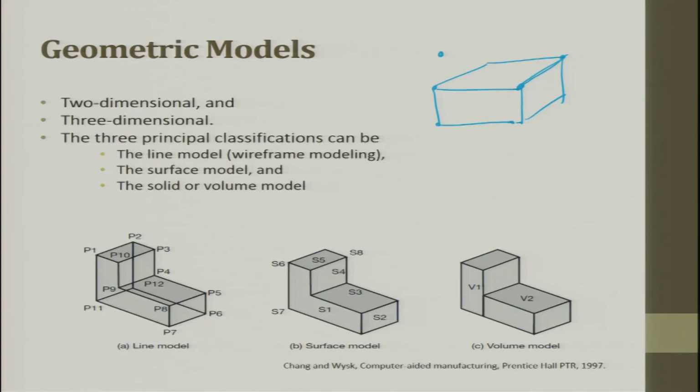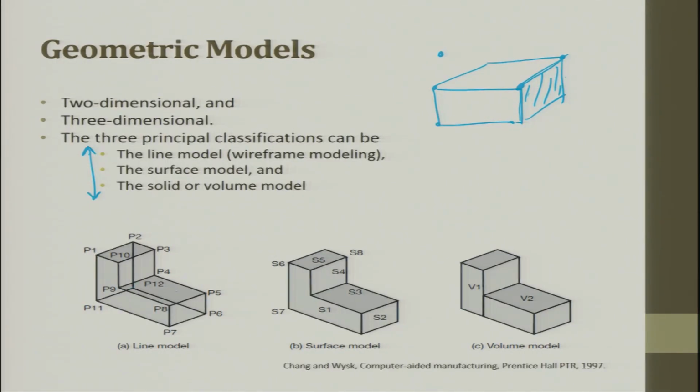These are edges and these are faces, and several of these faces join together to form a solid. So, point to line, line to surface, surface to solid. These are the three principal classifications in geometric modeling. You can see here P1, P2, P3, P4, P5, up to P12, all these are points.